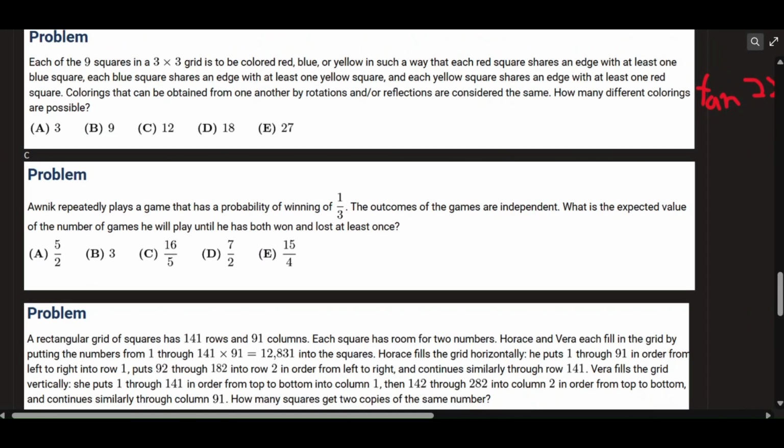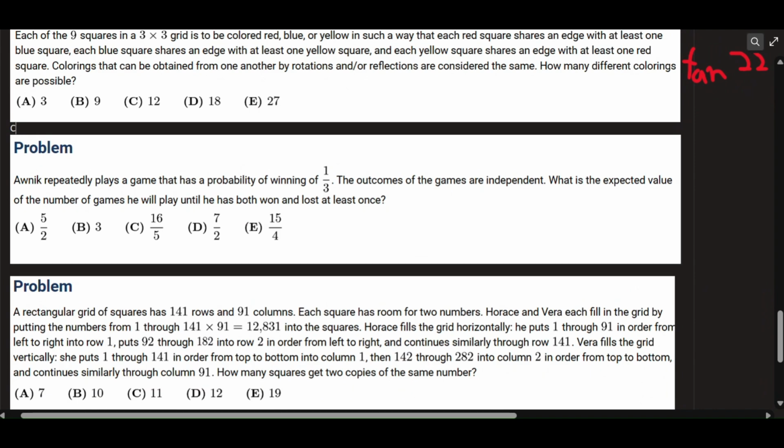Now we can try this problem. So what we do is that he has a probability of winning of 1 over 3. So we can define a couple of states. Our first state is the state where he has 0 wins, 0 losses.